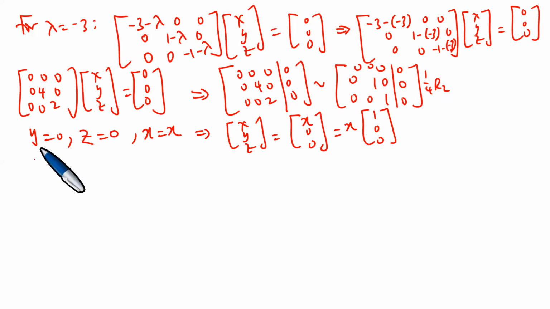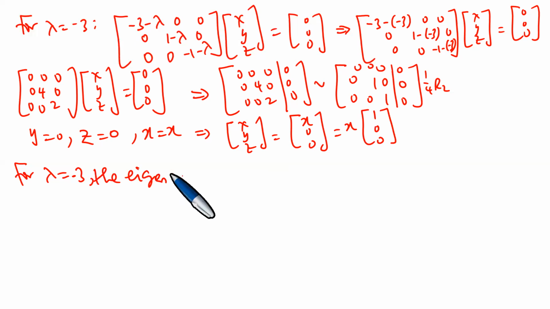So the eigenvector for lambda equals minus 3 is 1, 0, 0.